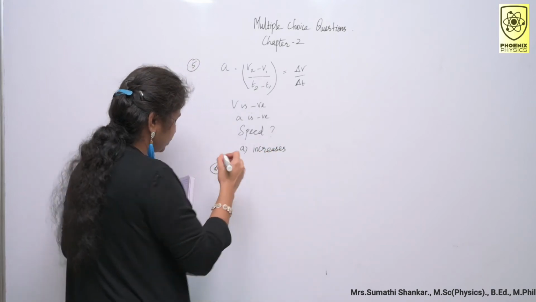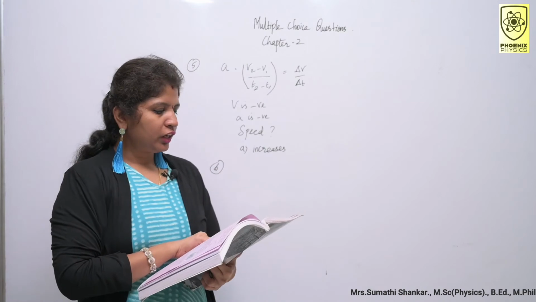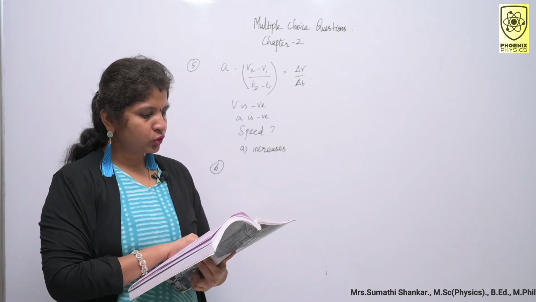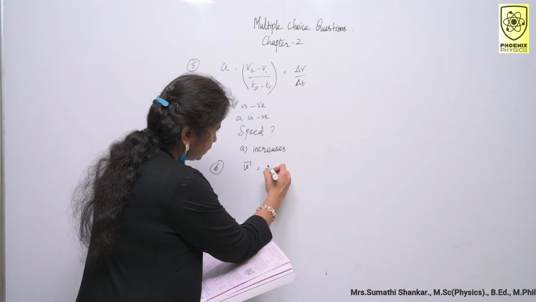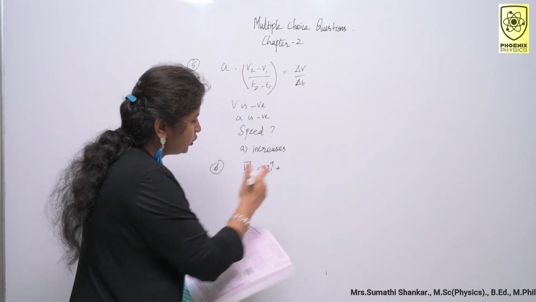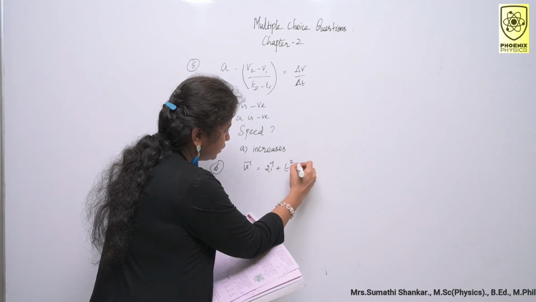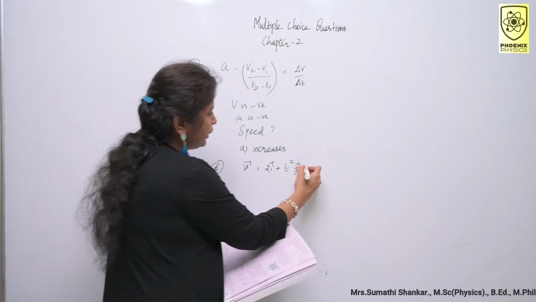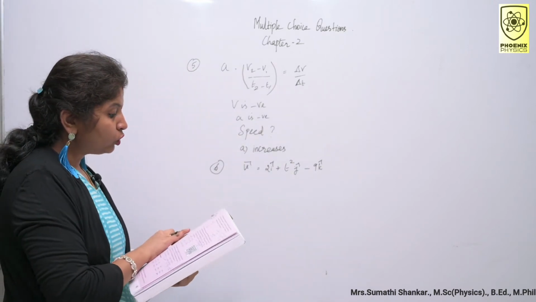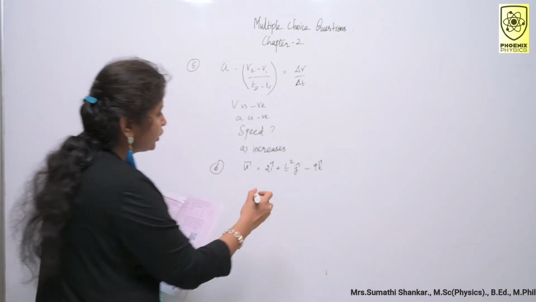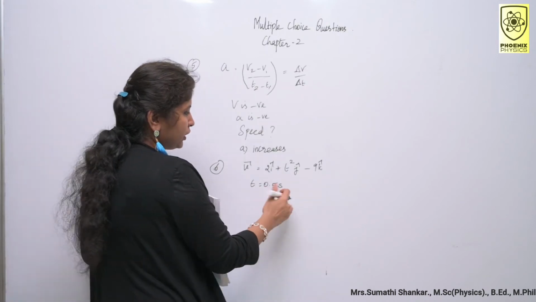Then question number 6. The velocity v is given as 2i vector plus t square j vector minus 9k vector. Then the magnitude of acceleration at t is equal to 0.5 seconds.